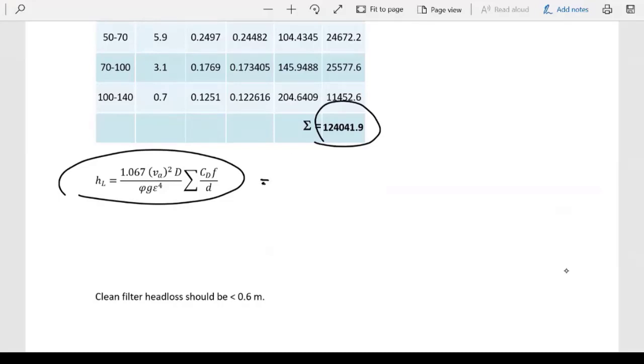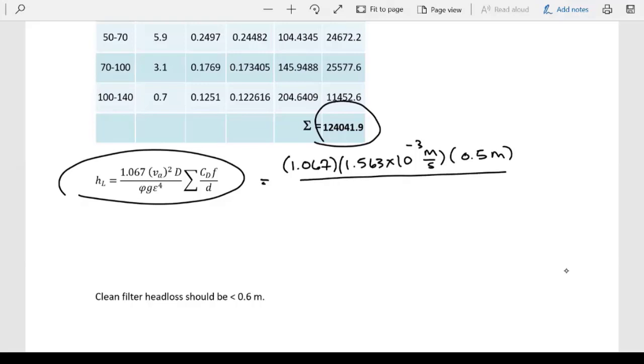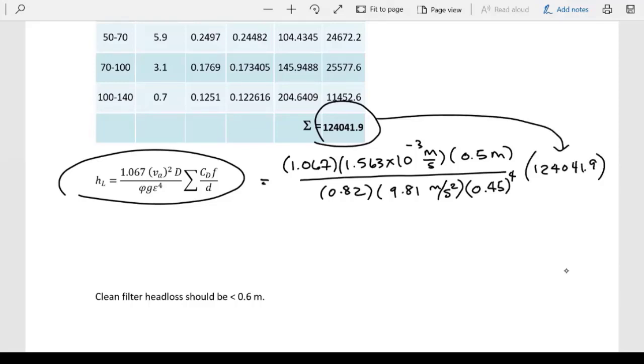So this is equal to 1.067, our approach velocity in meters per second, times the depth, divided by the shape factor times g times the porosity to the fourth power, times this summation, this value right here. And that is equal to 0.49. Your clean filter head loss should be less than 0.6 meters. So we are good there.